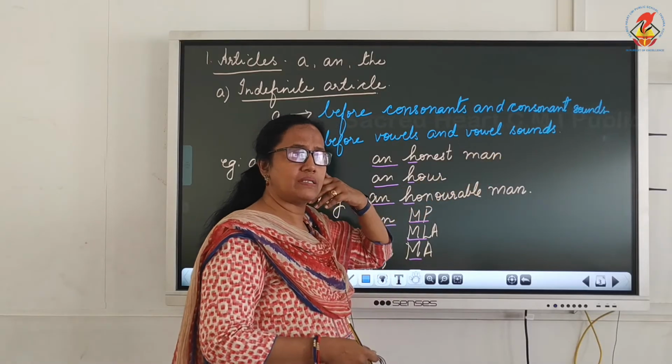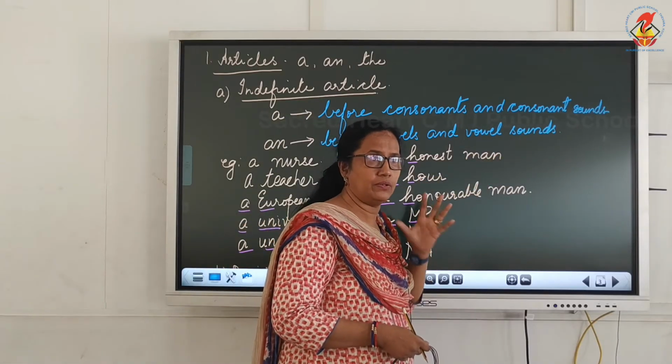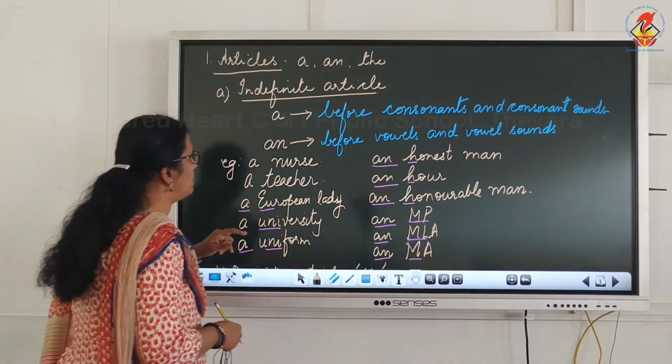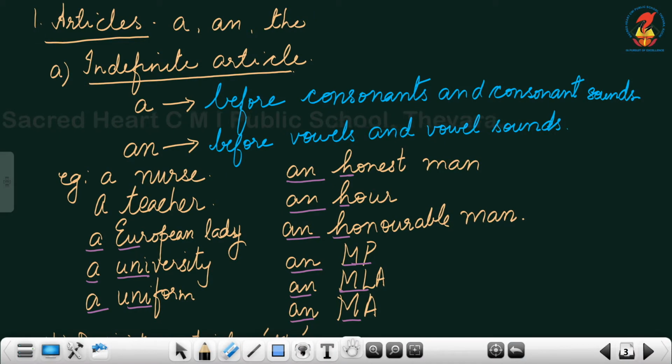You must have heard about it, but you mustn't have paid attention to it. But now listen carefully. On my left side I've given you some examples with the article a, and on the other side I've given you examples using an. You will now come to know what consonant sounds and vowel sounds are.